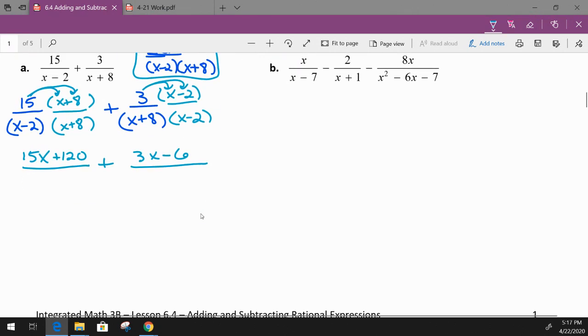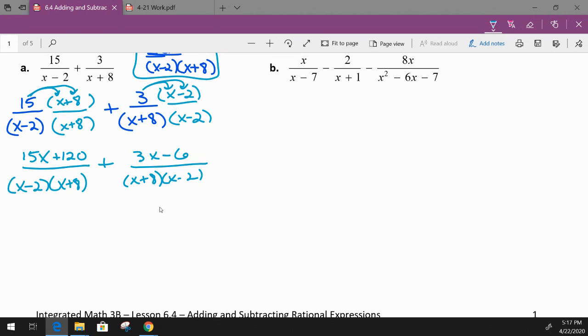But you can leave your denominators in factored form. So it doesn't matter that we have x minus 2 first and x plus 8 after it. When you're multiplying, the commutative property says it doesn't matter which order you're multiplying them in. So these are the same denominator.